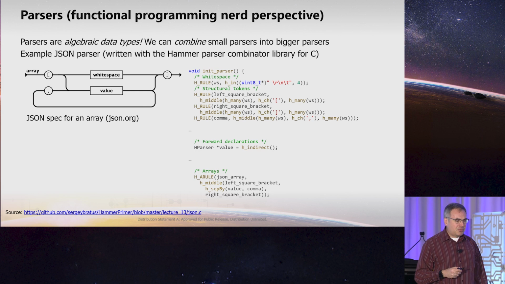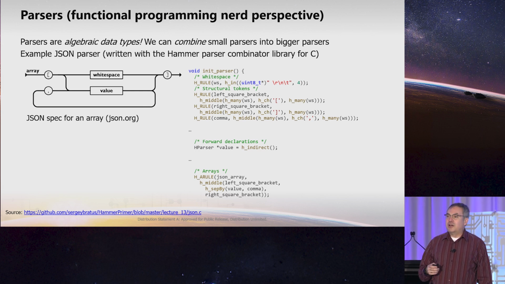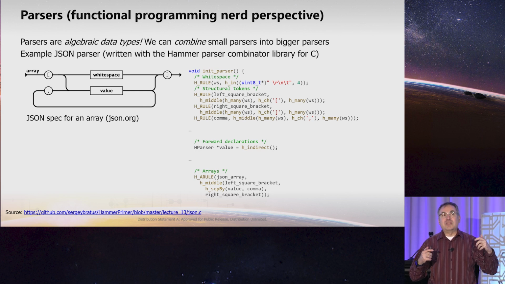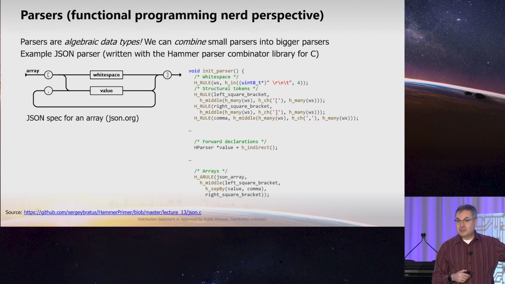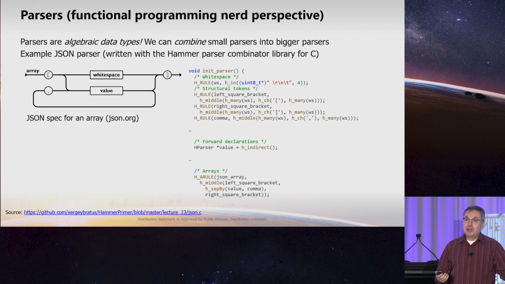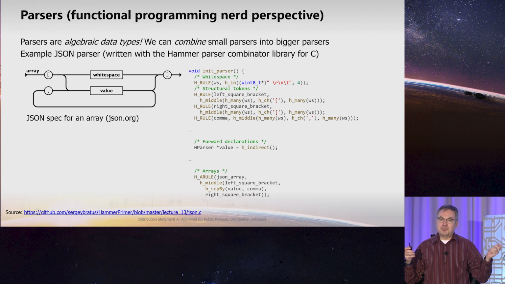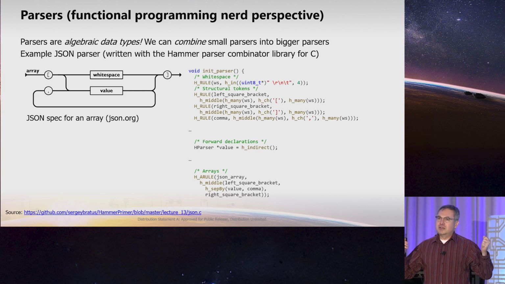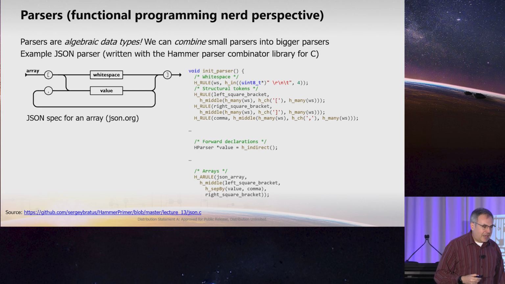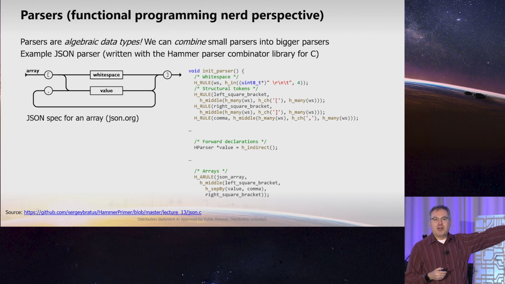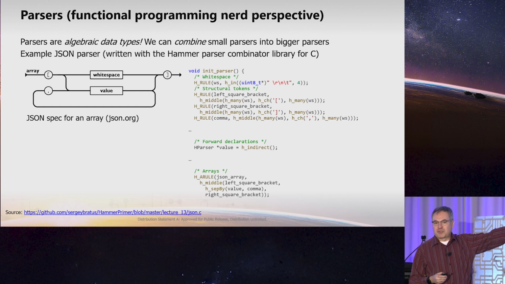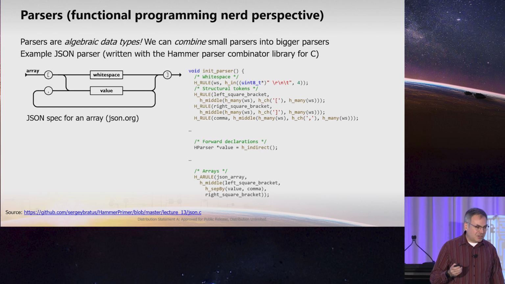So the code on the right is an extract of a parser. It's written in the C programming language, and it's using something called Hammer, which is a formally verified parser generator combinator library. And on the left, I have a small chunk of the JSON, JavaScript Object Notation, specification.